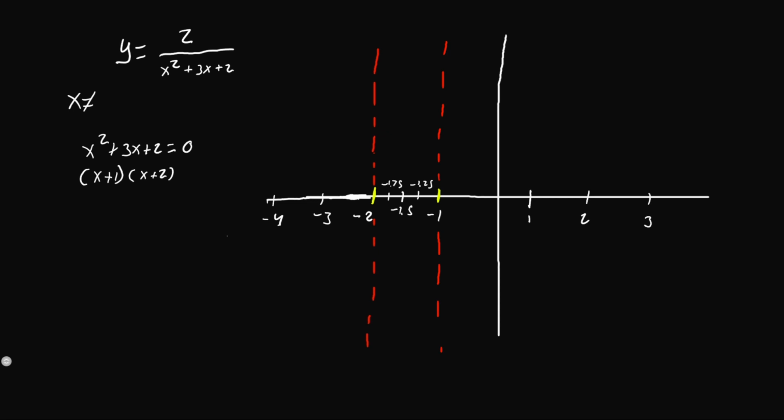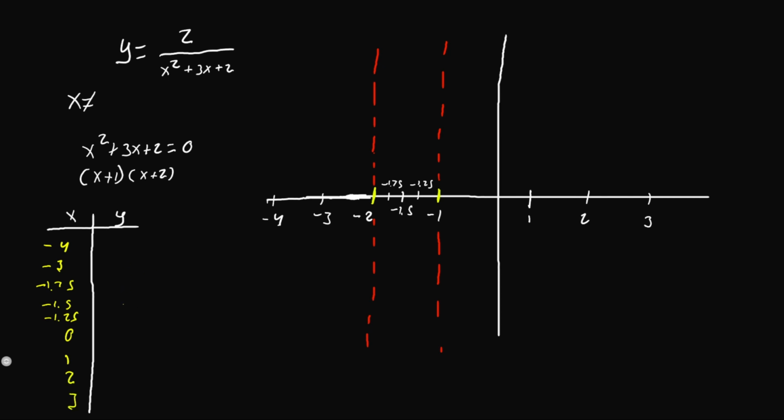We're going to go ahead and make a table now on our left, and we're going to have x and y. So let's go ahead and write down the coordinates we have: -4, -3, -1.75, and -1.5, -1.25, 0, 1, 2, and 3.